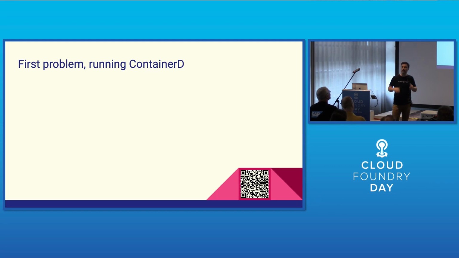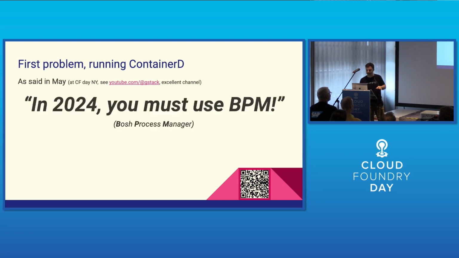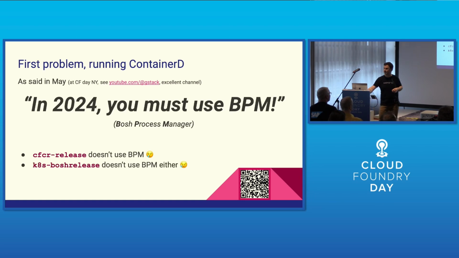So, let's go. First problem, running containerd. Let's dig into that. It's also related to something I said in May, which you can see on this excellent YouTube channel. In 2024, you must use BPM, the Bosh Process Manager. When you look at CFCR release, it doesn't use BPM. When you look at Kate's Bosh release, it doesn't use BPM either.